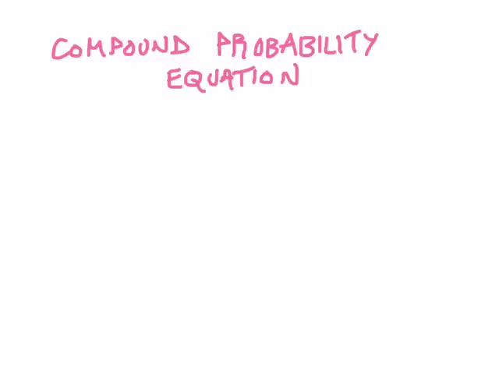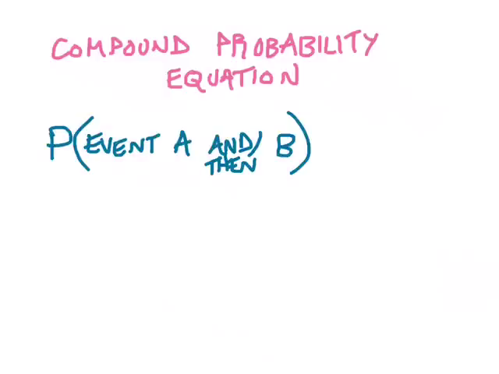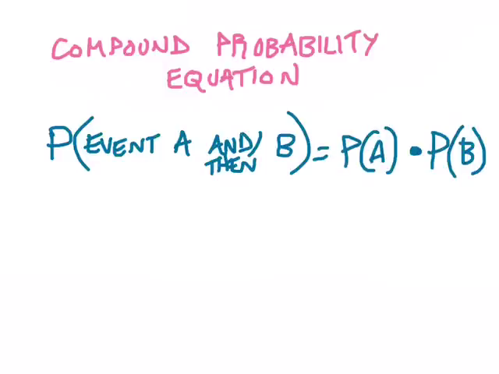Which gets us to the big idea of the relationship that is in compound probability. If I'm talking about the probability of event A and event B happening together, it's just equal to the probability of A times the probability of B, which ends up being a pretty simple equation to work with.